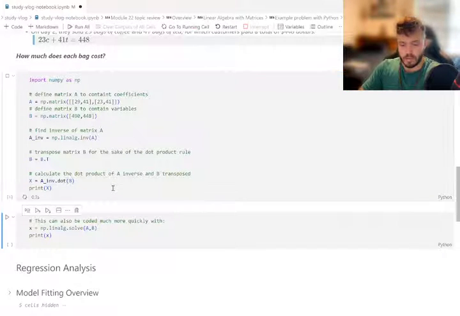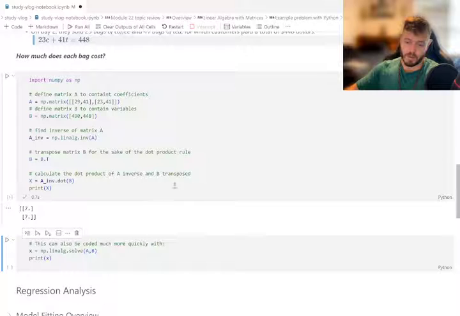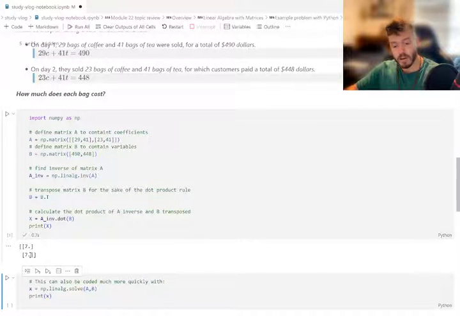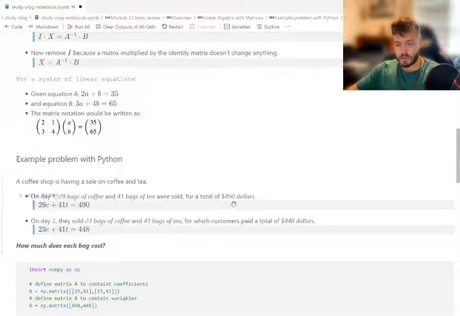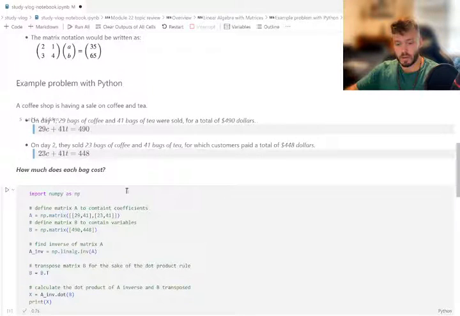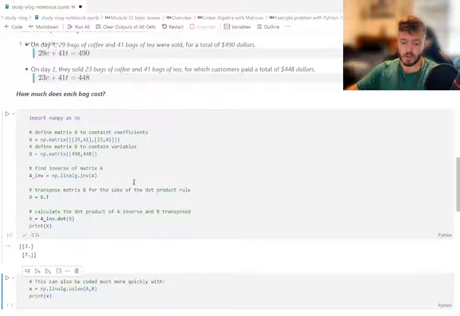We're going to run that, and we find that a bag of coffee and a bag of tea are both $7. So that's how you would solve a system of equations for matrix algebra with Python.